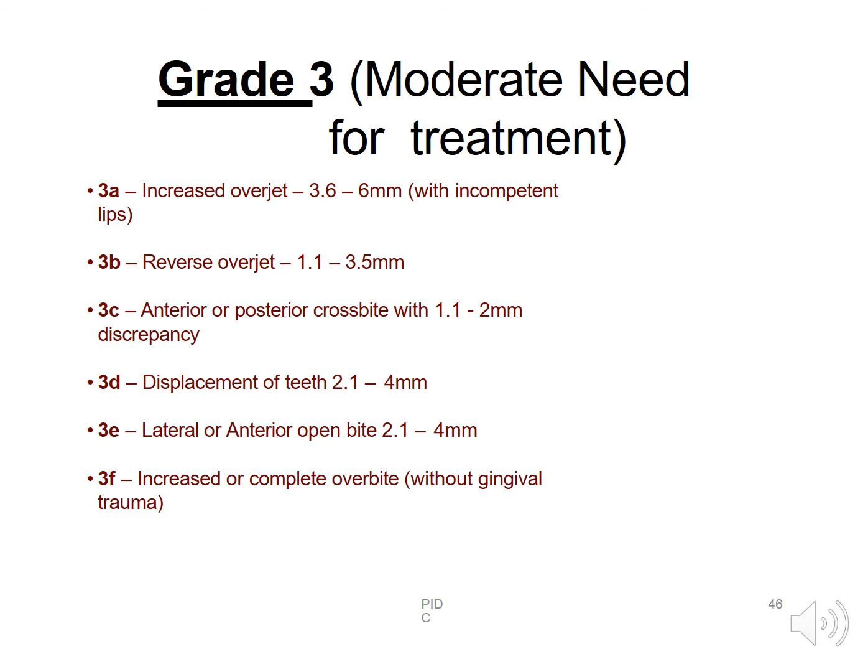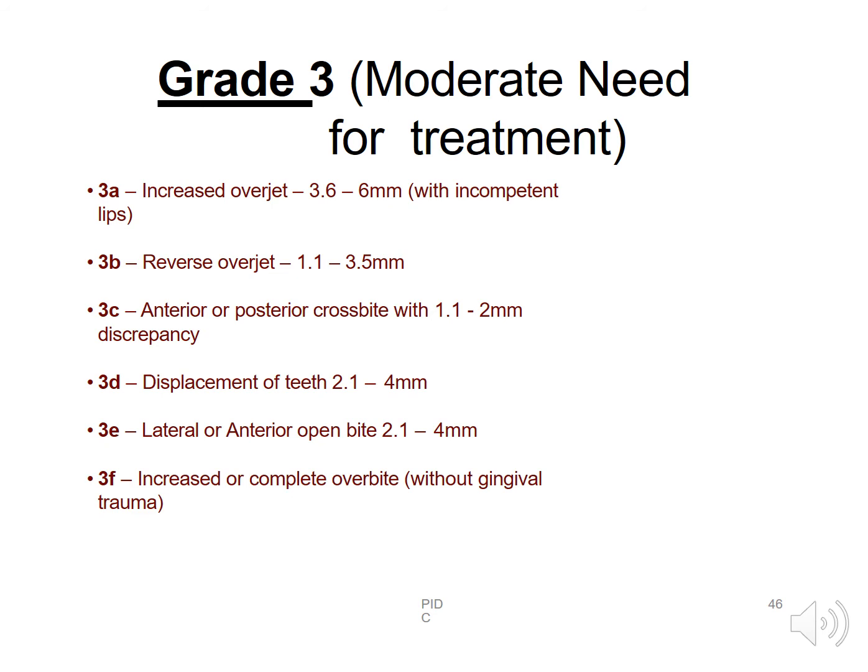Next one is 3C, anterior or posterior crossbite with 1.1 mm to 2 mm discrepancy. And then 3D, displacement of teeth up to 4 mm. 3E, lateral or anterior open bite up to 4 mm. And 3F, increased or complete overbite without gingival trauma.